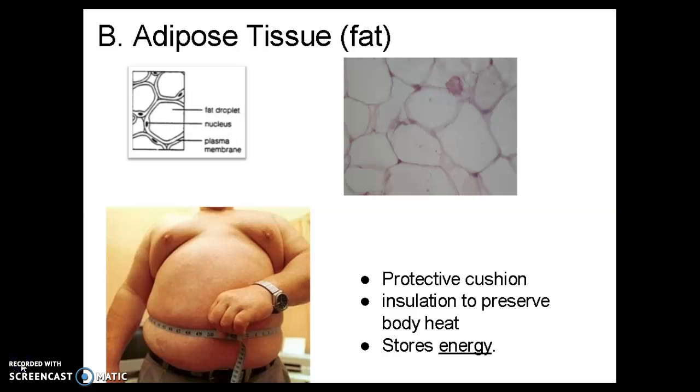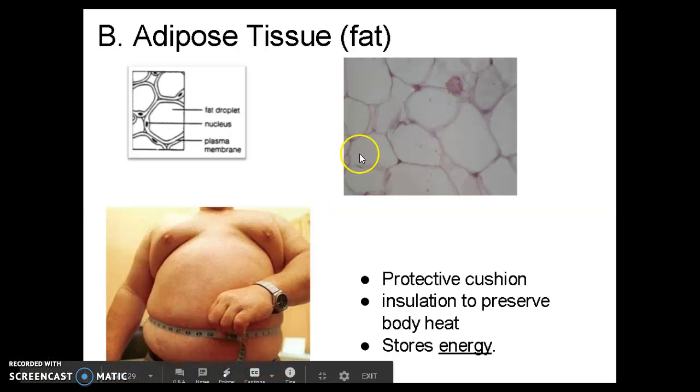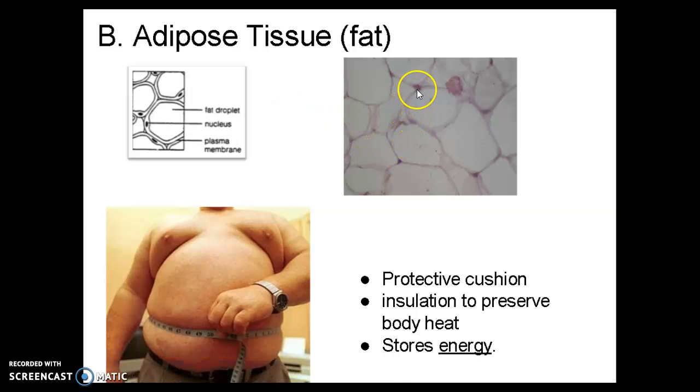Next, we have adipose tissue. Adipose tissue is another word for fat. These are really big cells because they're filled with these really big fat droplets. And often with these, you can see the nucleus gets pushed all the way to the edge of the cell membrane.